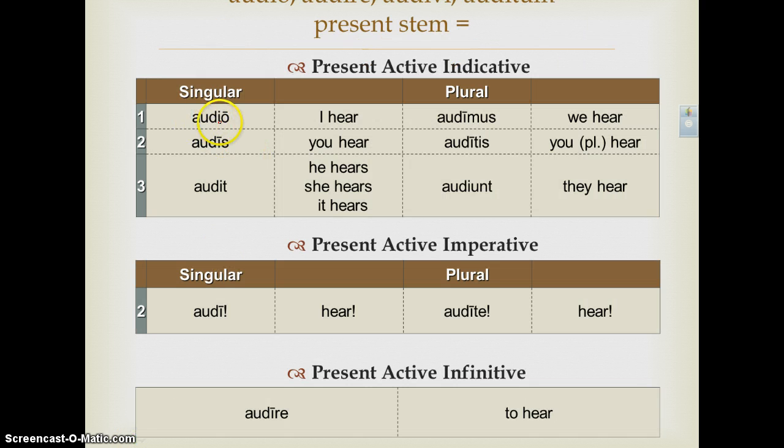So, audio, first principal part. Audis, audit, audimus, auditis, audiunt. I hear, you hear, he, she, it hears, etc. Again, notice that the long I is the singular imperative. So audi, hear, audite, hear, and then second principal part, audire, to hear.